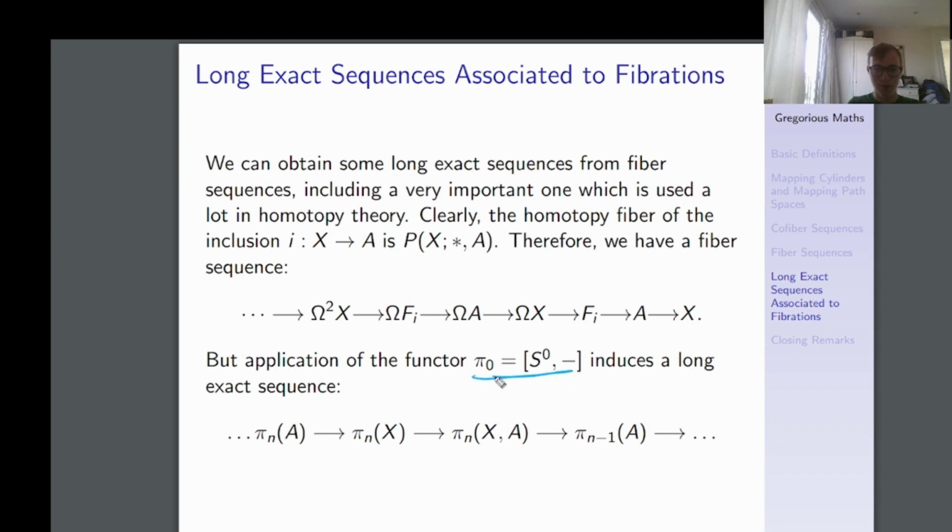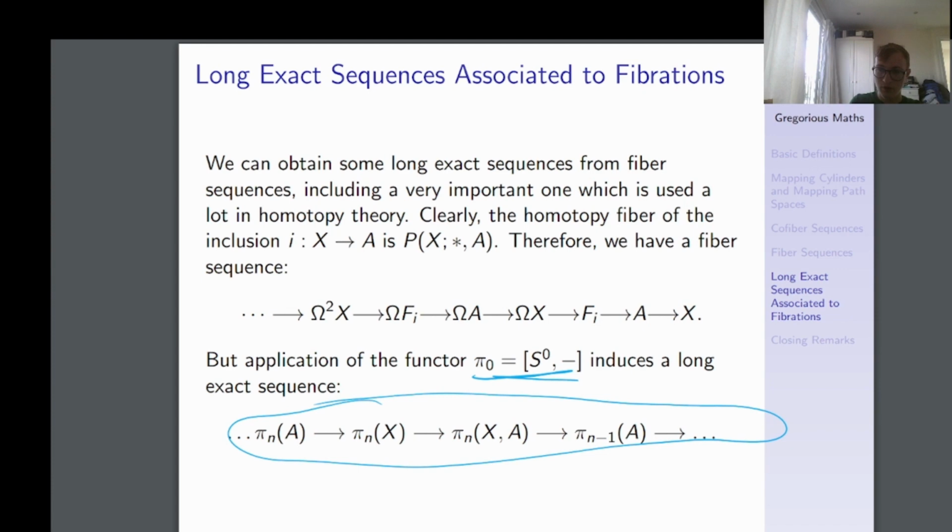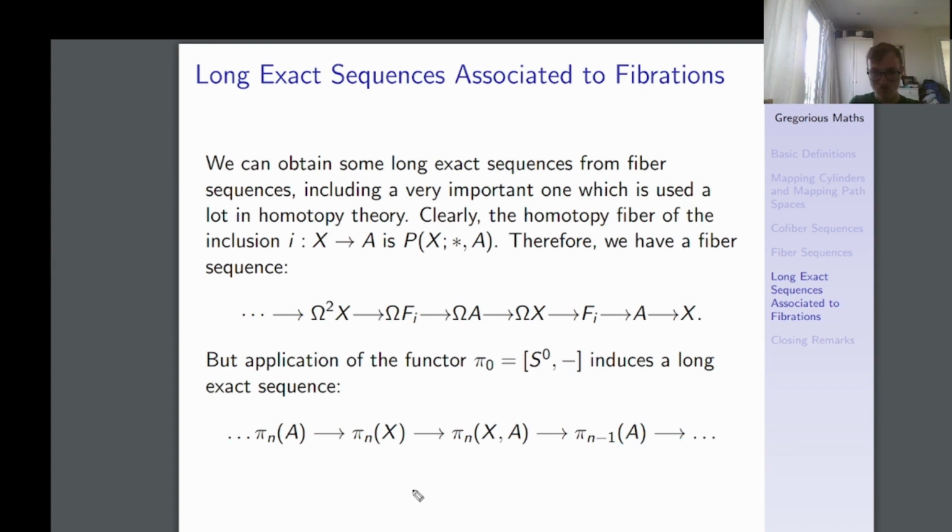When we apply this functor, pi 0, we get the following exact sequence of homotopy groups. Because recall that pi 0 of the path space of X star A is just pi 1 of X A. So that's very good.